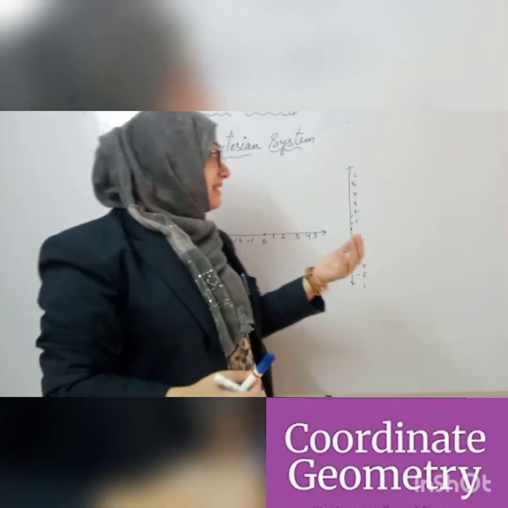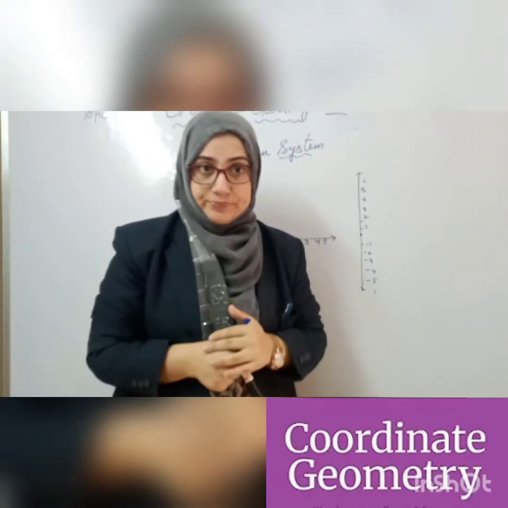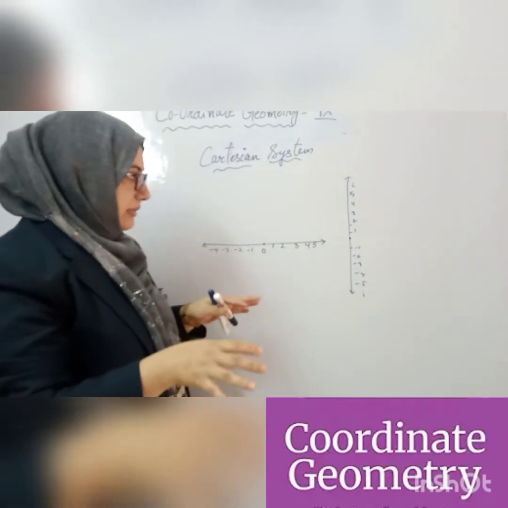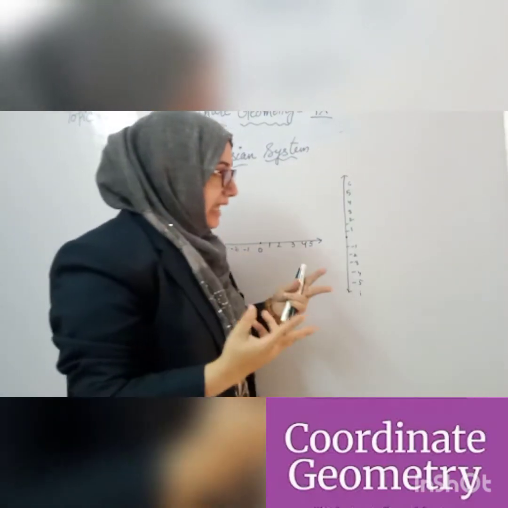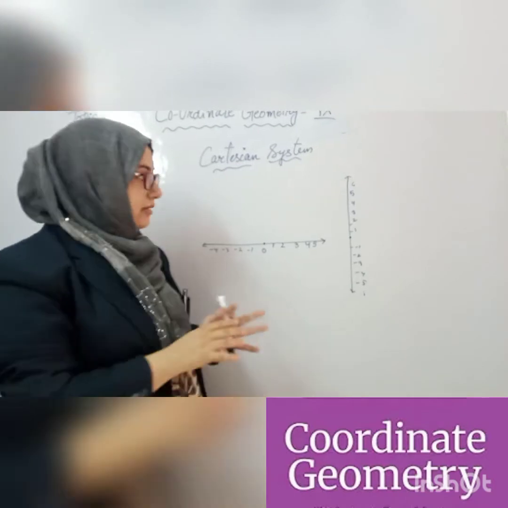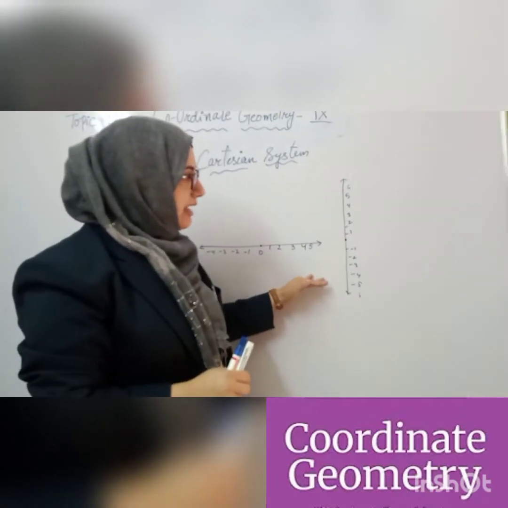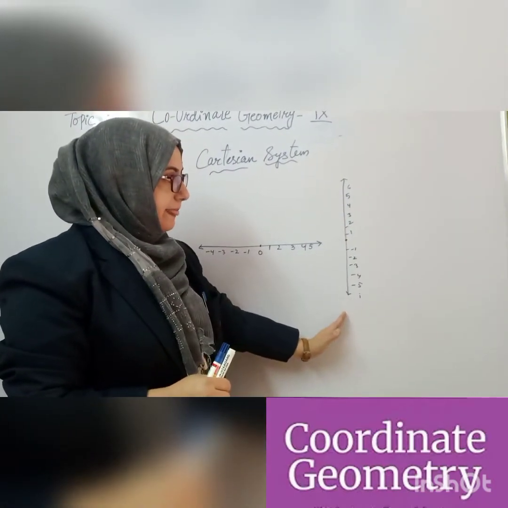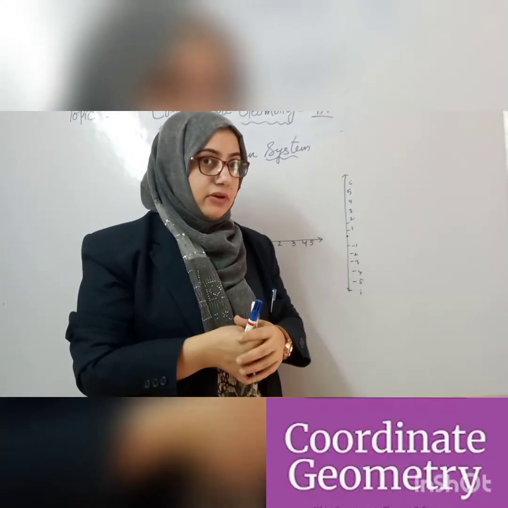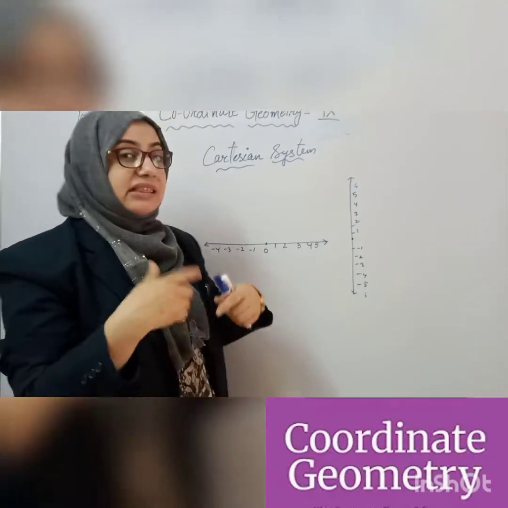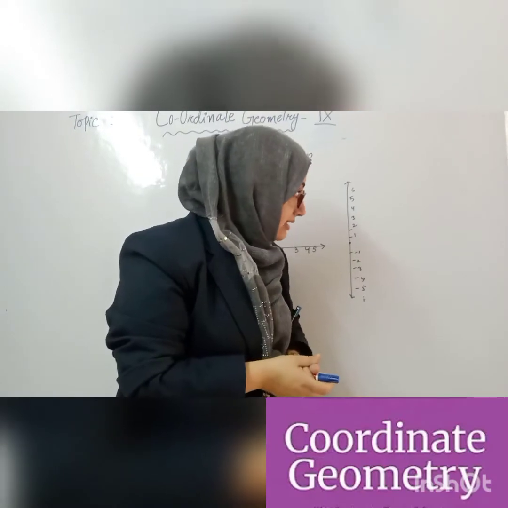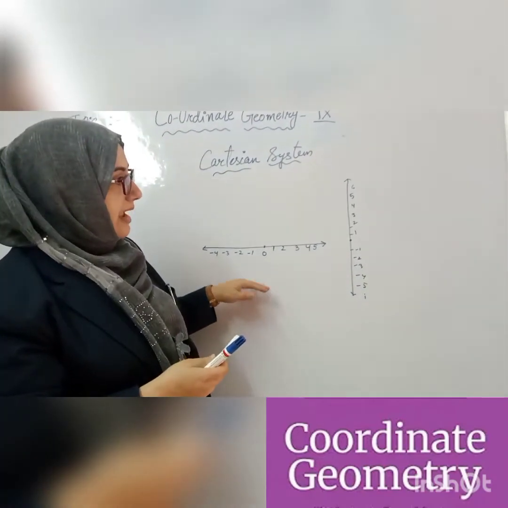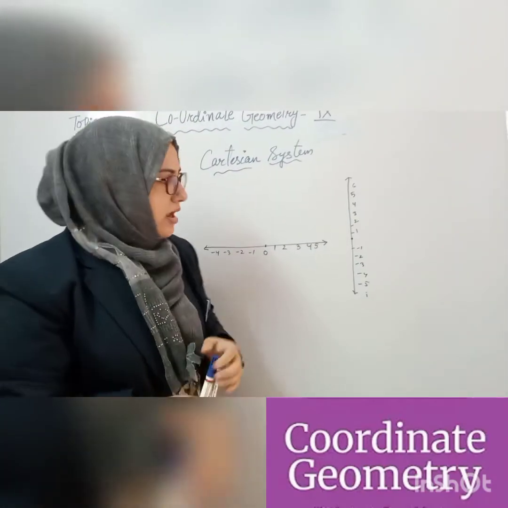Now, to understand what is a Cartesian system: the Cartesian system is if we take two number lines, one horizontal and one vertical, and combine them together in such a way that they intersect each other at their zeros.